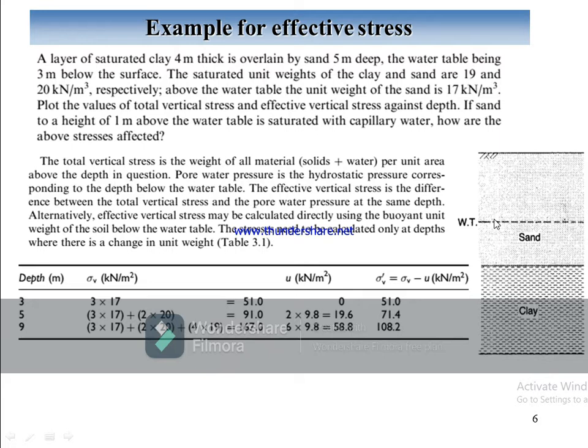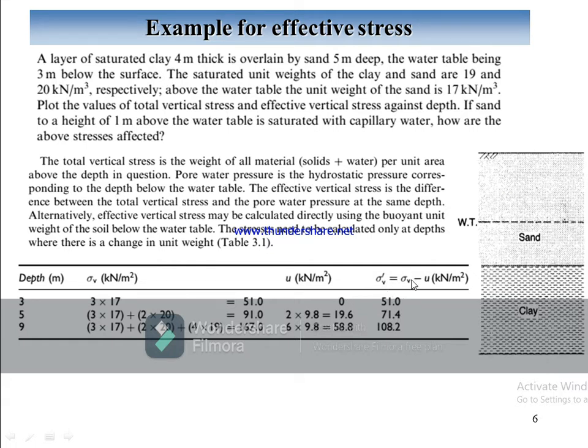For example, we are studying the depth 3 meter above the water table. Above the water table the vertical stress is 3 multiplied by 17, which is equal to 51, and total vertical stress is that much, and the pore water pressure at that point is 0 because there is no water, it is dry.